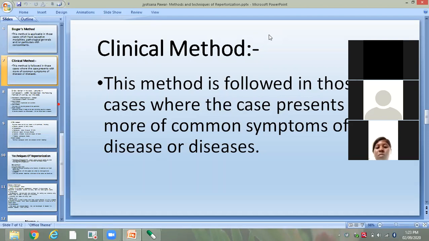At that time, usually we use the clinical repertories for selection of a similar group of remedies. So this method is followed in the case which presents more common symptoms of the disease.